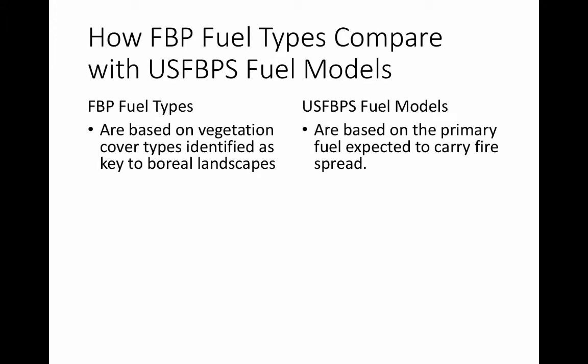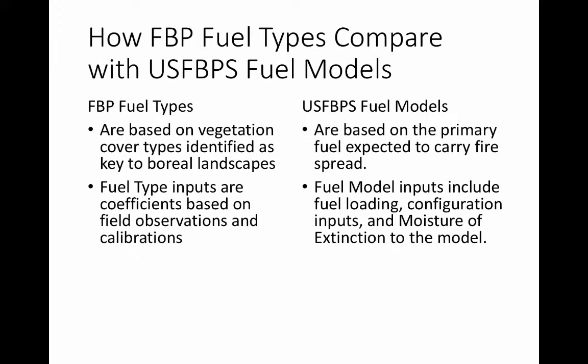FBP fuel types are based on vegetative cover types, identified as key to the boreal landscape, while the U.S. FBPS fuel models are based on the surface fuels that carry fire spread. For example, grass, shrub, or litter.